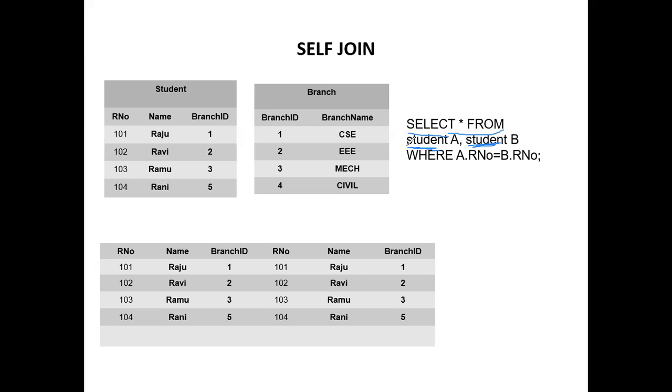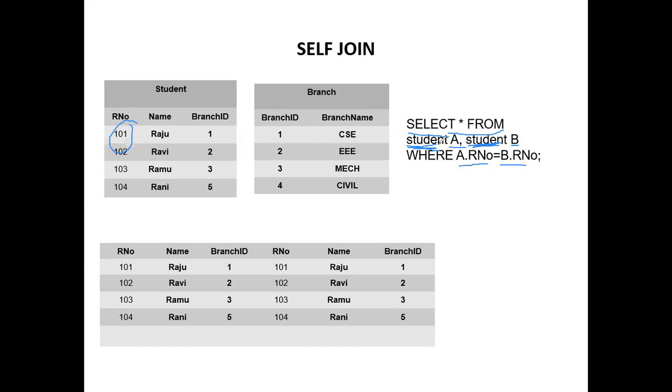The first table we are considering is the student table, and I'm taking it as A, and the second table is also the student table, and I'm taking it as B. Now, instead of branch ID, I'm considering roll number: whenever the roll number of A and B tables are the same, then we are going to join these two tables.